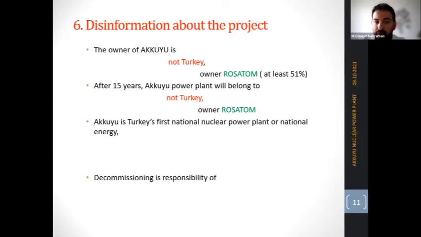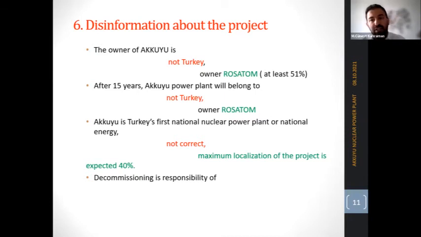So Akkuyu is described as the first national nuclear power plant or national energy of Turkey. It is not really easy to say that, because the maximum localization of the project is expected to be 40%. So it's not really a national project or national energy.